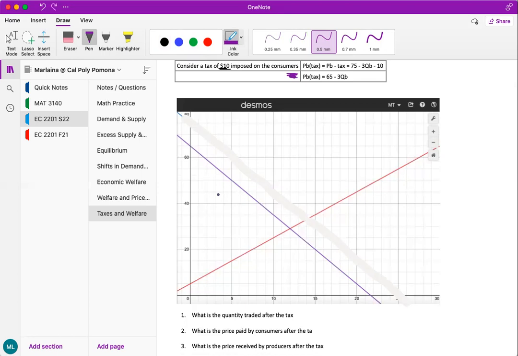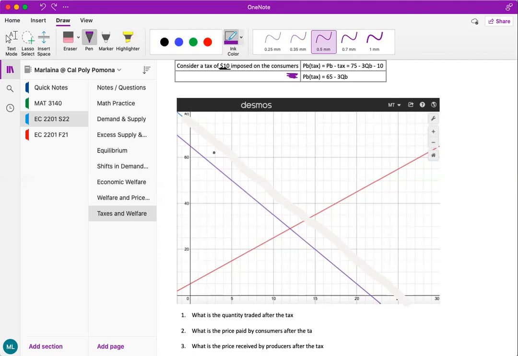They don't want to take a loss, remember, so they're going to see, oh, there's a tax now, I'm not going to get the full amount that people pay me for my good, so I'm going to have to decide how much I'm going to sell based on how much I'm actually going to receive once I take the money out for the taxes.